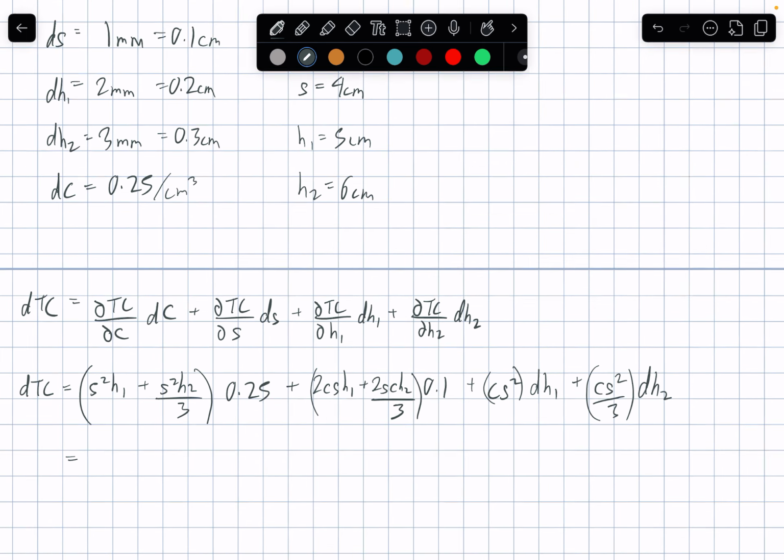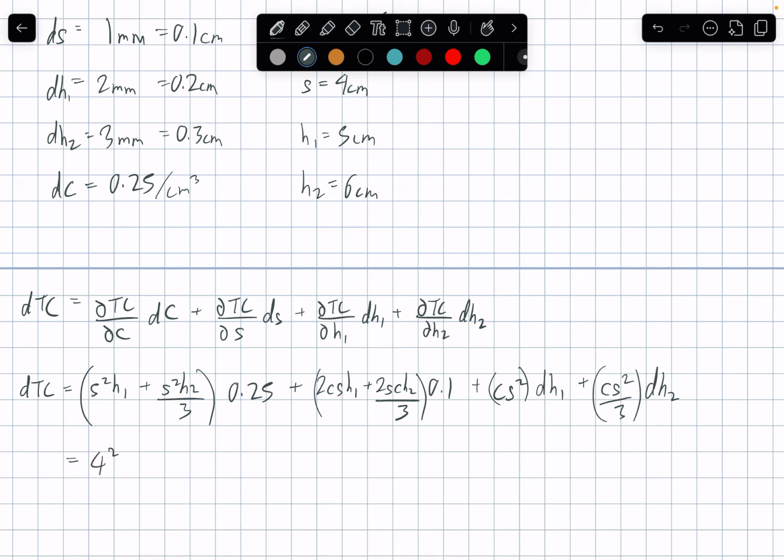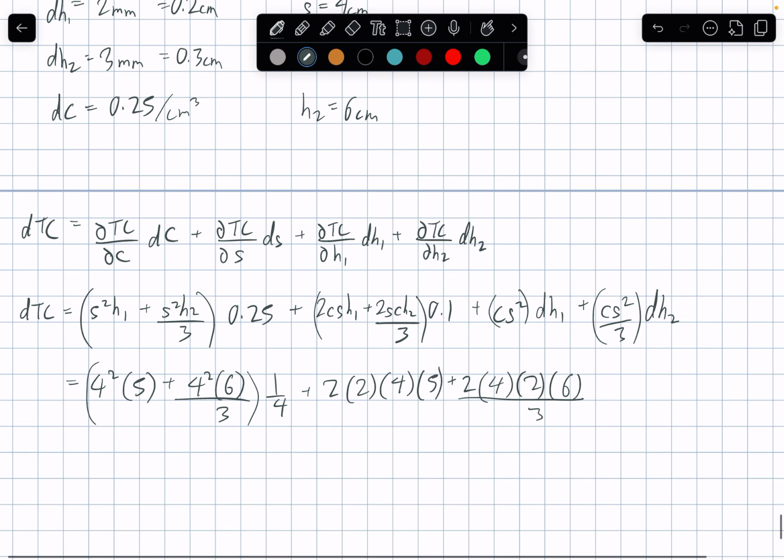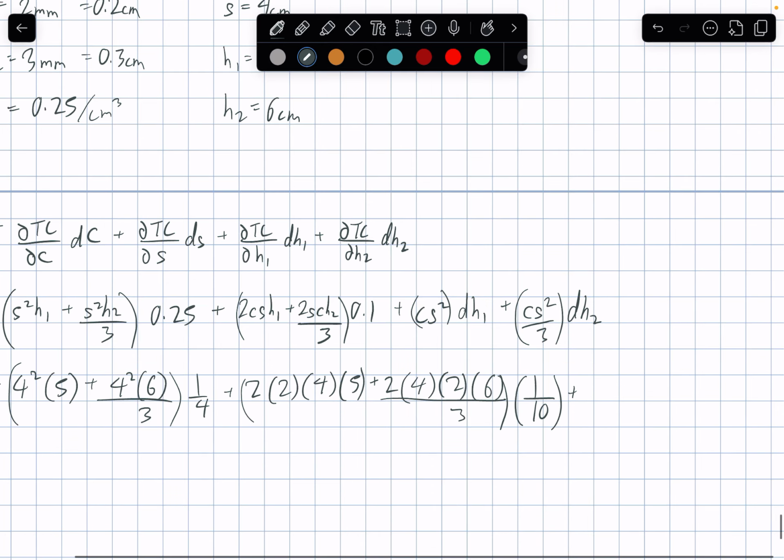Okay. S is 4 cm. H1 is 5 cm. S squared times H2 over 3 times 1 over 4, plus 2 times C times S times H1, plus 2 times S times C times H2 over 3 times 0.1. 0.1 can be rewritten as 1 over 10.